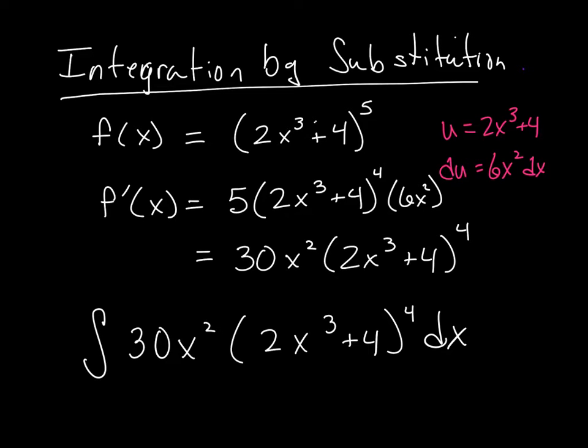I should absolutely go back to my original function. So anytime you're looking at something and it looks like you would have needed to use the chain rule, you have to use substitution.